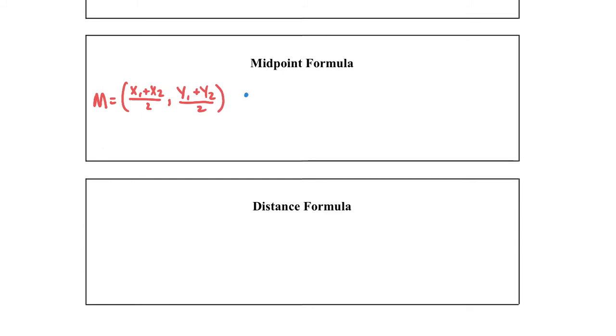The midpoint is good for proving that segments bisect each other. Because basically what you're going to do is prove that two segments have the same midpoint and therefore they bisect each other.